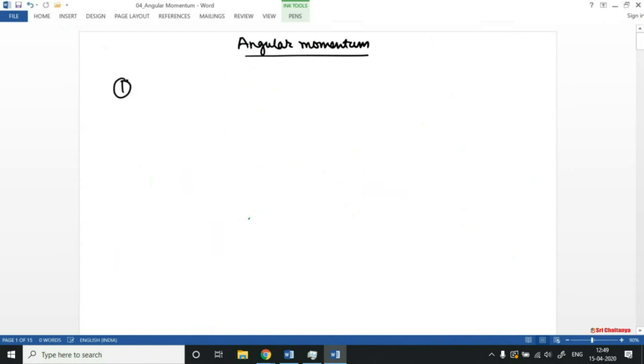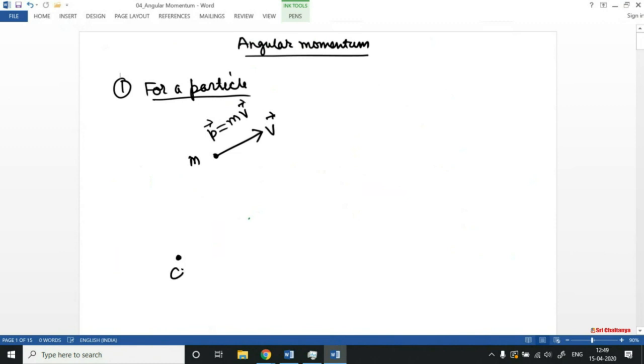So, angular momentum for a particle: let's say we have a particle of mass m which is moving with some velocity v, or you can say its linear momentum p is equal to mv. So we can define the angular momentum of this particle about some point.